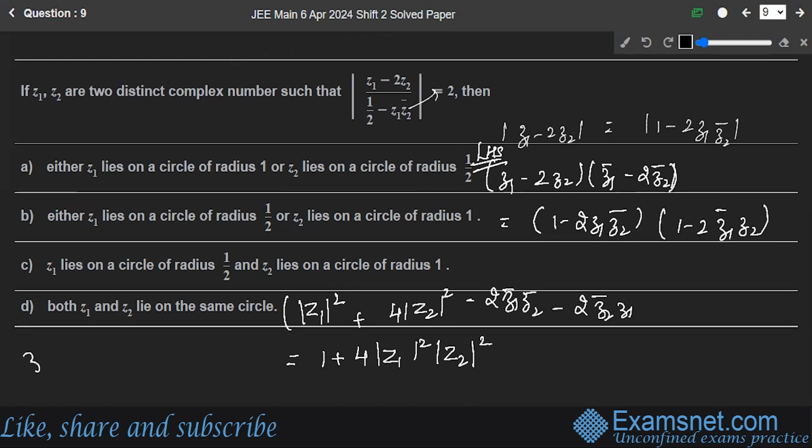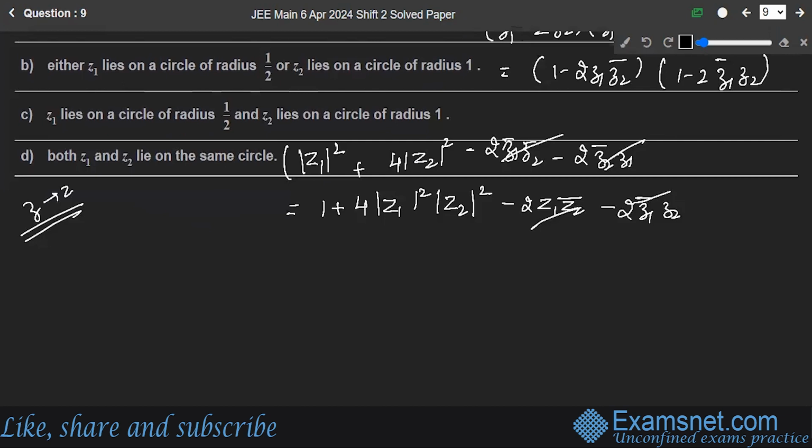Actually, the capital and the small, they are the same things. Okay, so don't think of them otherwise. So this is minus 2 Z1 Z2 conjugate minus 2 Z1 conjugate Z2. So therefore, this will cancel, and you will have here.